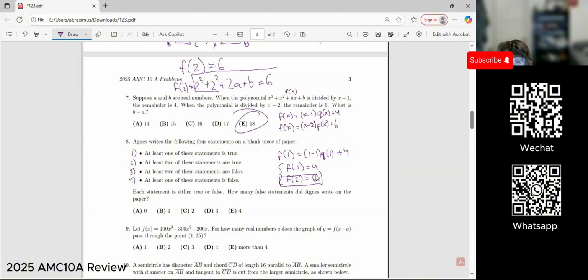Simplify this, and it will give you that equation. So I got it by plugging 1 and 2 into this expression, f of x is equal to x cubed plus x squared plus ax plus b. Does that answer your question?